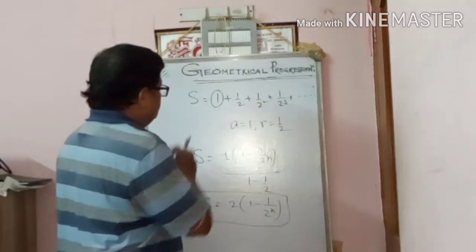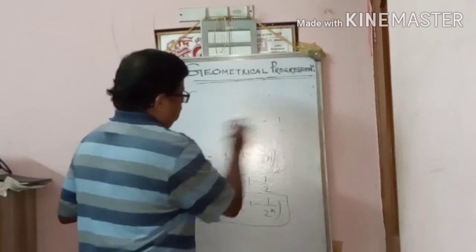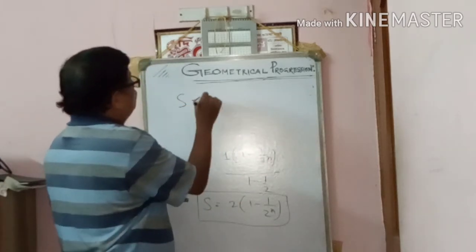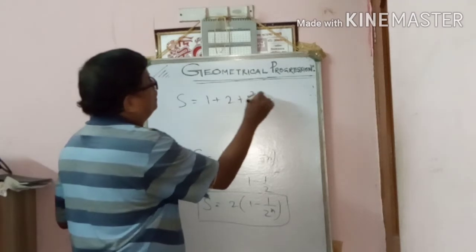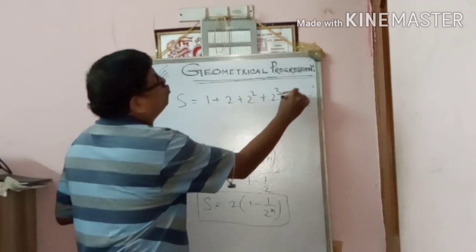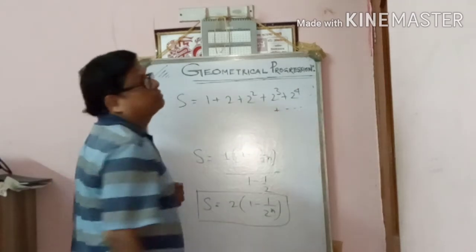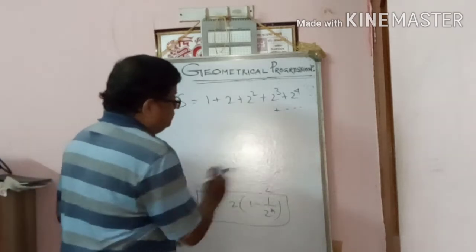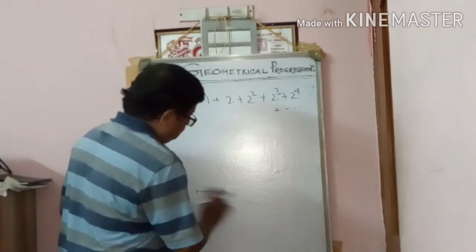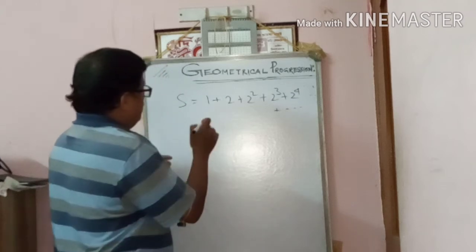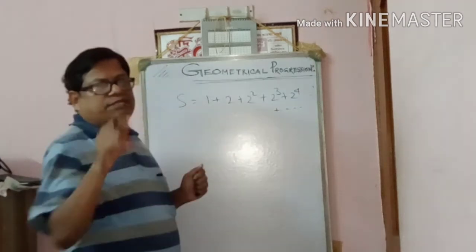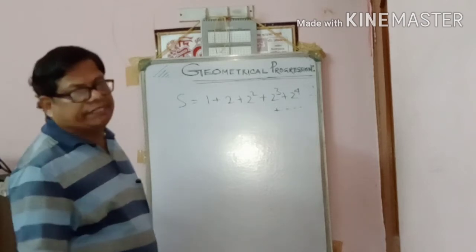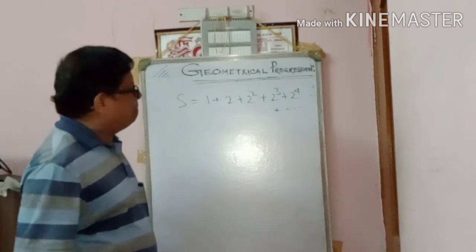Suppose here is 1 plus 2 square plus 2 cube plus 2 to the power 4 up to n terms. Okay. Find the sum of the terms. So we can write here A equal to 1, the first term, and R equal to 2 by 1, 2 greater than 1, R greater than 1.